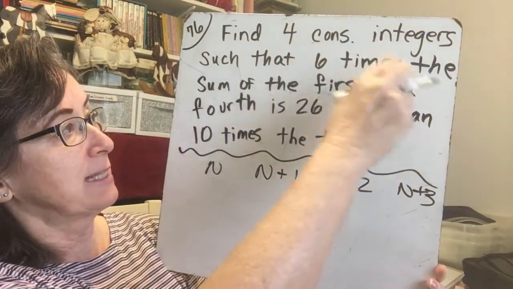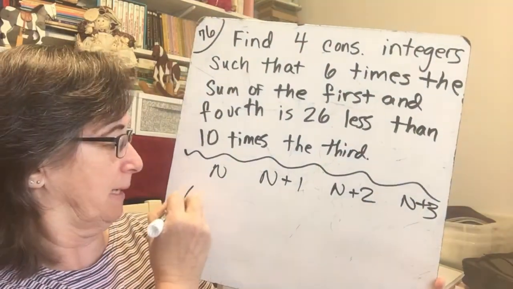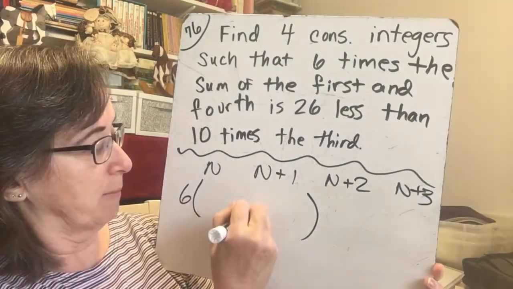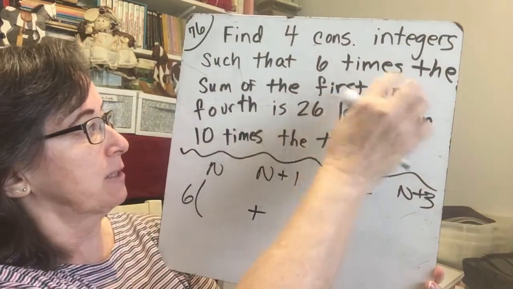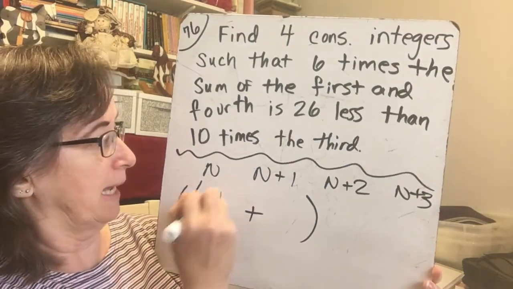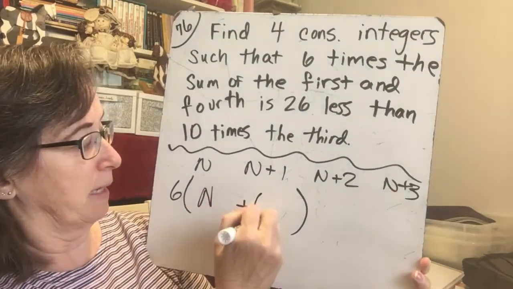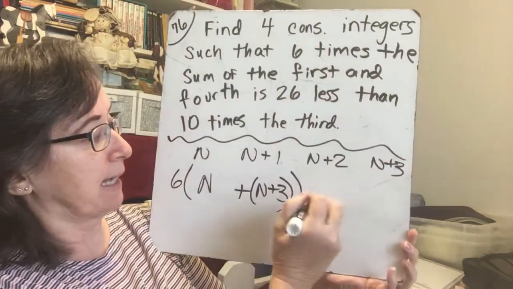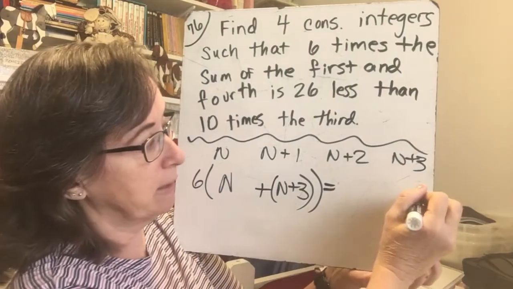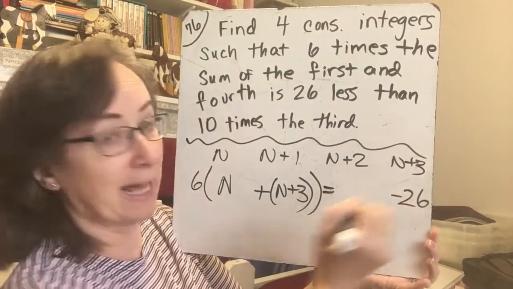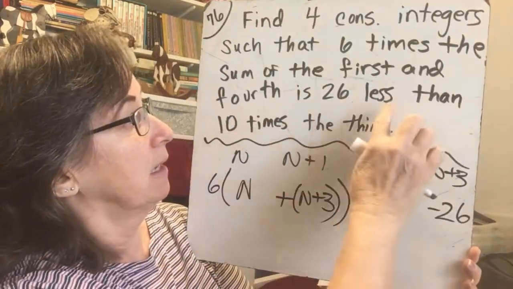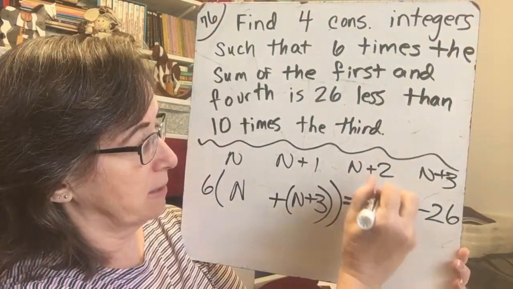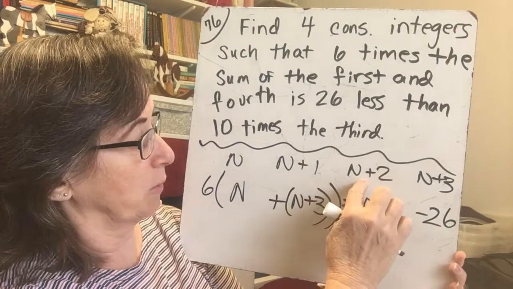Now, 6 times the sum, the sum is a plus, right? The first and the fourth. So the first is n, and the fourth is n plus 3, is 26 less than, so we're going to put our equal sign, 26 less than 10 times the third. So 10 times the third number would be n plus 2.